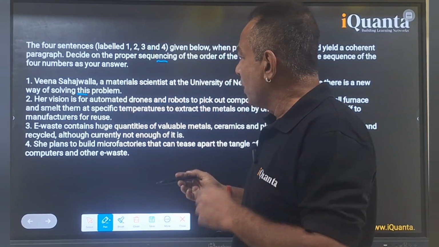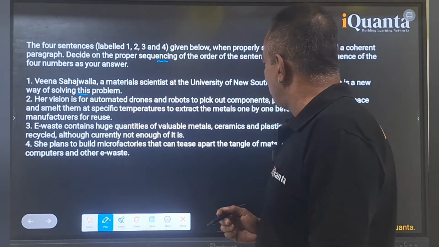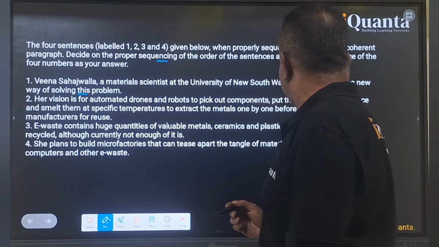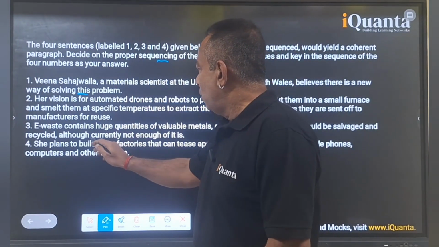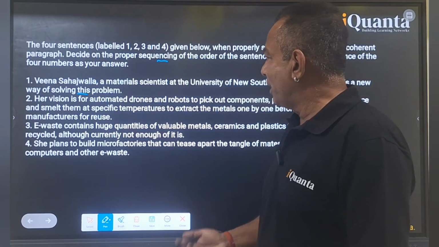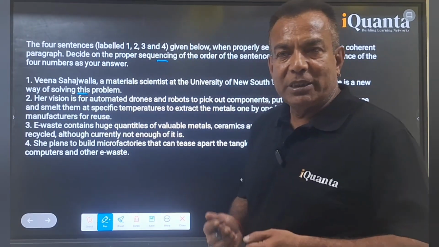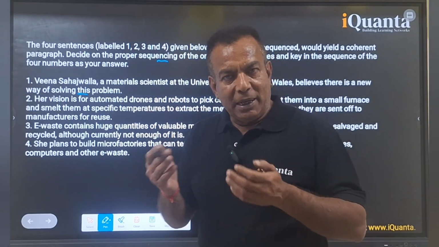Now third one: e-waste contains huge quantities of valuable metals, ceramics and plastics that could be salvaged and recycled, although currently not enough of it is. Now, e-waste can be salvaged. Salvage यानी बचाना, destroy होने से पहले बचा लेना.